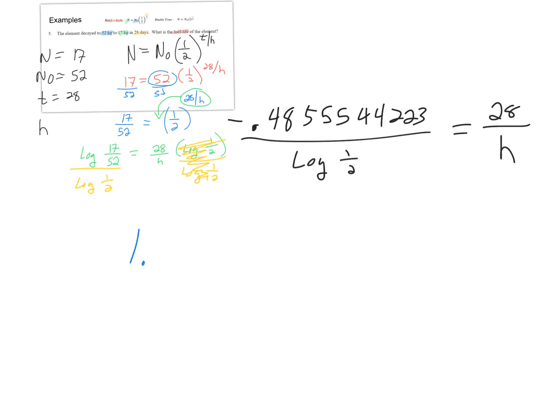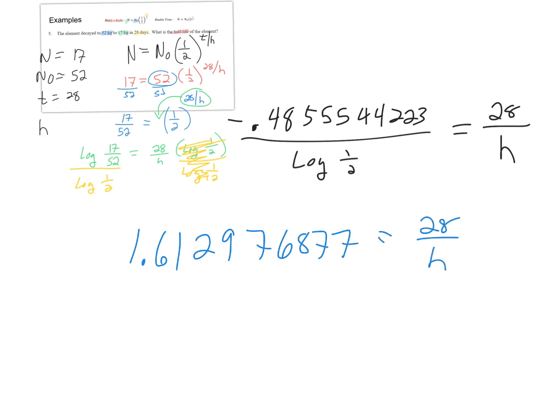So you get 1.612976877 is equal to 28 over H. Again, if you did not get that decimal, you need to go back and make sure you get the correct decimal, because you need to know how your calculator works.